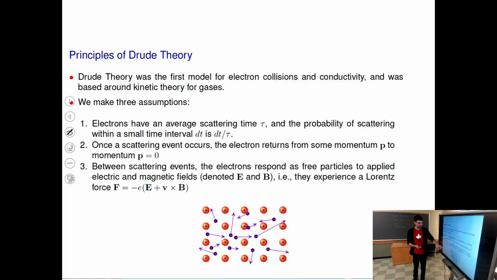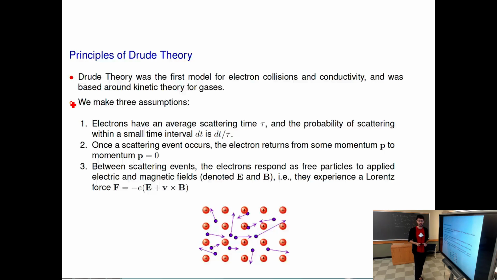Things could be nuclei like is plotted here, but they can also scatter off of each other. There's electron-electron scattering. Could scatter off of defects in lattices. Actually, they can even scatter off vibrations of lattices. So they can scatter off of phonons. So there are many, many things that electrons can scatter off, but it doesn't matter for this theory because it doesn't go so deep as to consider these different kinds of scattering.